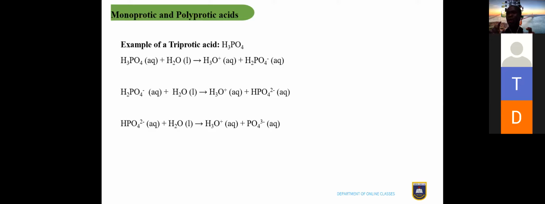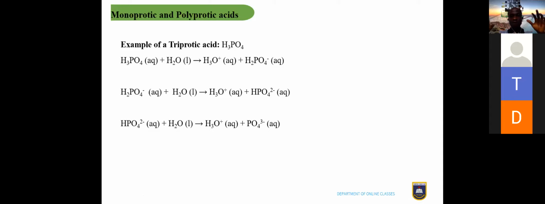So normally there's an equilibrium between the products that are formed and the reactants. As the reactants are combining to form the products, the products are also combining to form back the reactants. So you need to have that equilibrium sign. At a point in the reaction, equilibrium is reached.